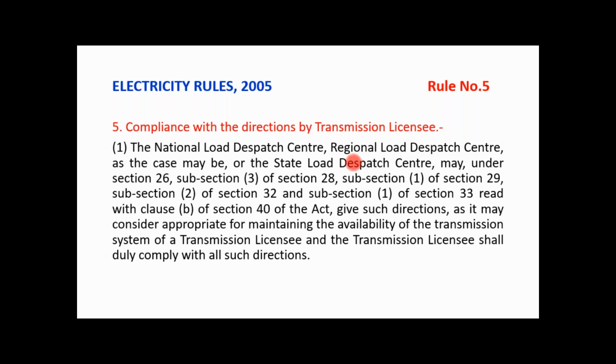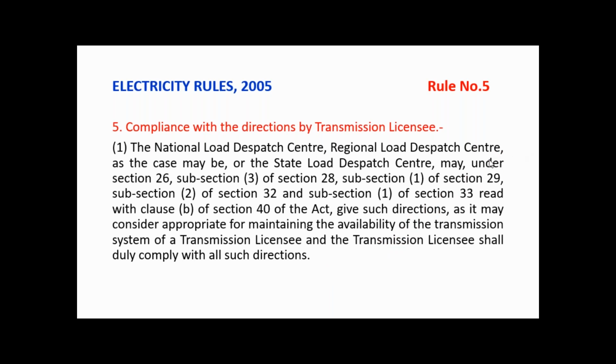So with reference to section 26(3) or section 28(1) or 29(2) or 32(1) or 33(b) or section 40 of this act, give such directions. All these details about transmission licensing for these dispatch centers are already discussed.